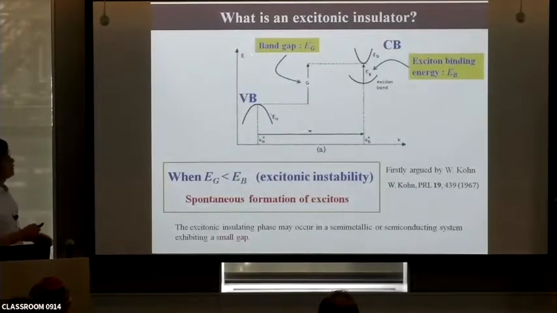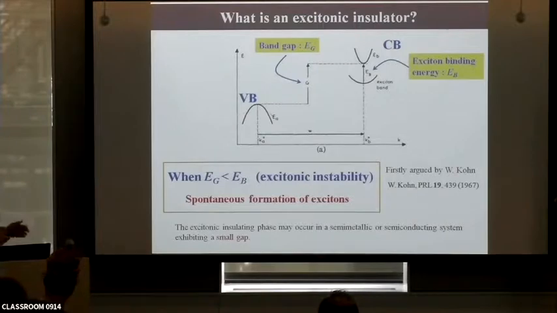Then what is an excitonic insulator? This terminology was first introduced by Walter Kohn in 1967. Let me briefly introduce his basic idea. Imagine that we have a semiconductor with one valence band and one conduction band. It shows a clear band gap denoted by the letter G. And here is the exciton band, inside the gap region.